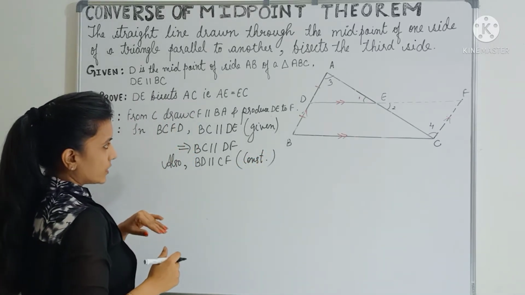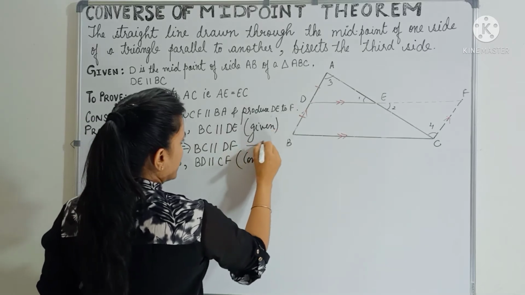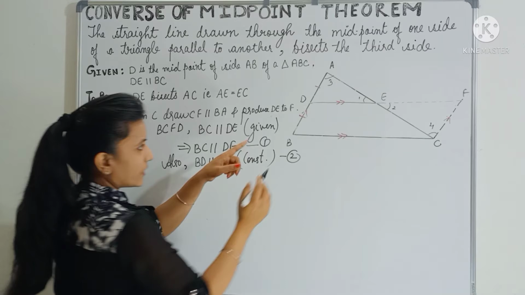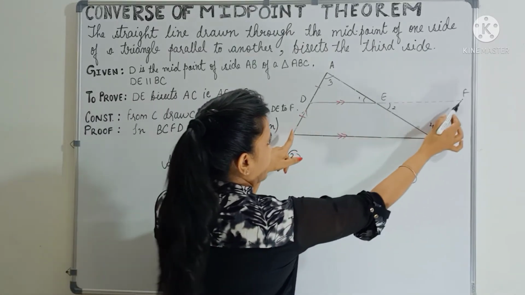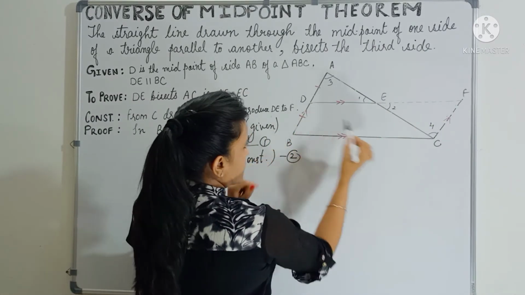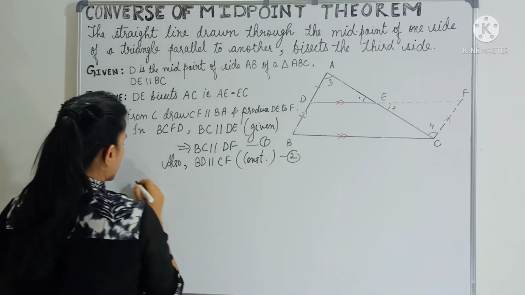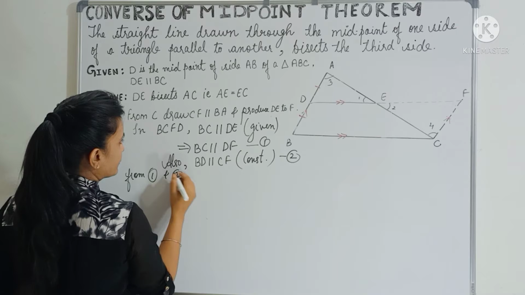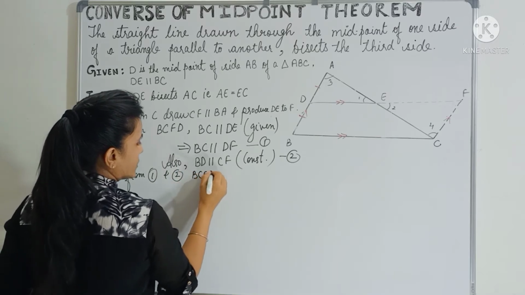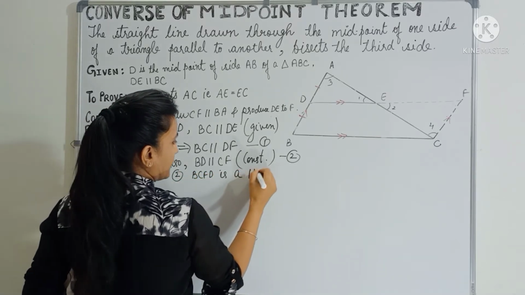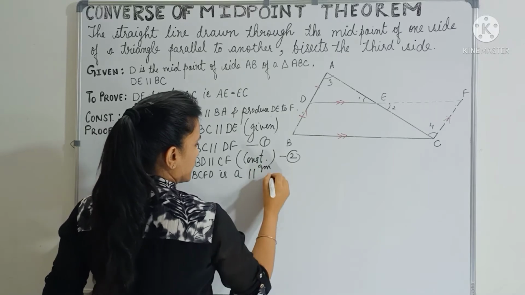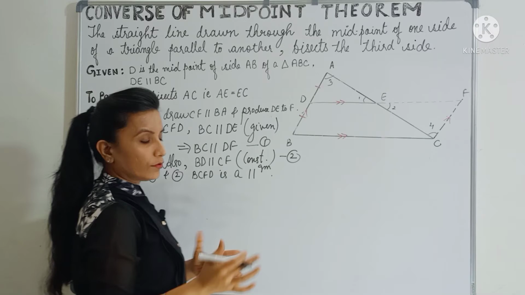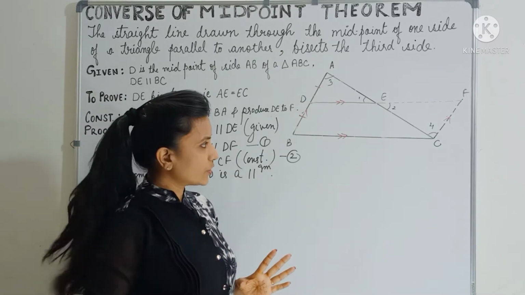So from these two things, from 1 and 2, what is 1? 1 is that BC is parallel to DF. And what is second? BD is parallel to CF. So can I say that from 1 and 2, BCFD is a parallelogram, right? BCFD is a parallelogram. Now in a parallelogram, opposite sides are equal to each other, right?